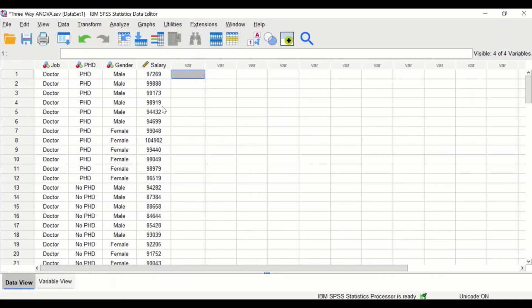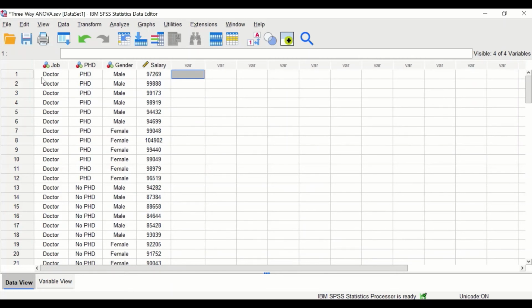The dependent variable, which is the salary, is the wages earned by an individual per year in pounds. So this dependent variable is a continuous variable.